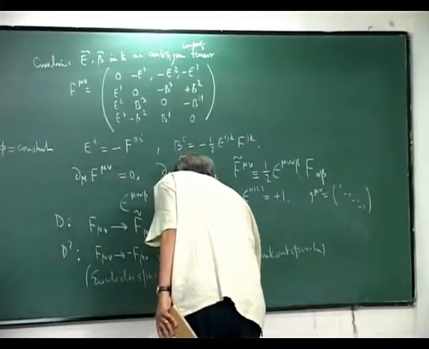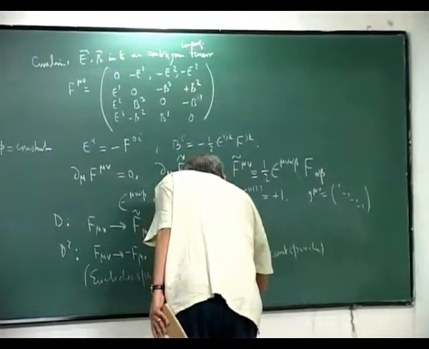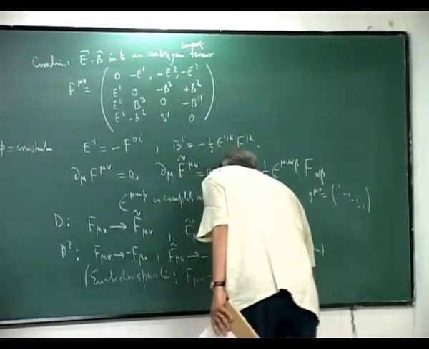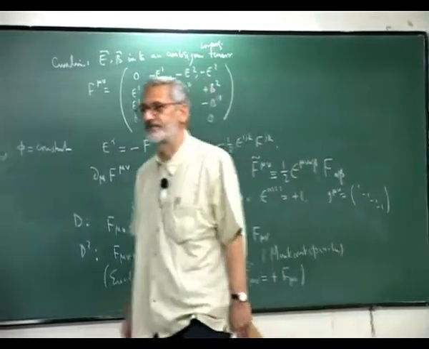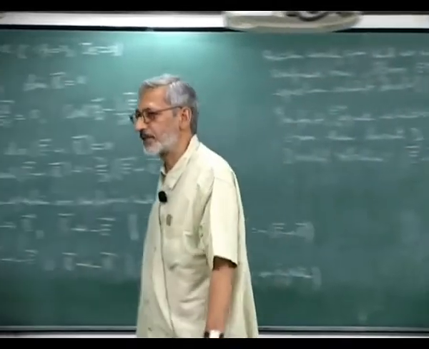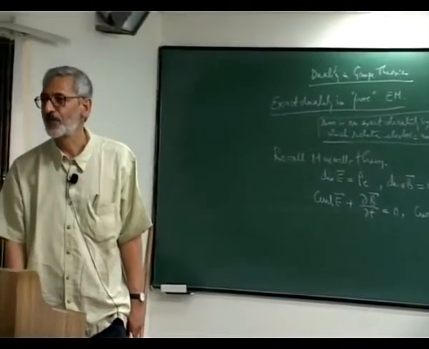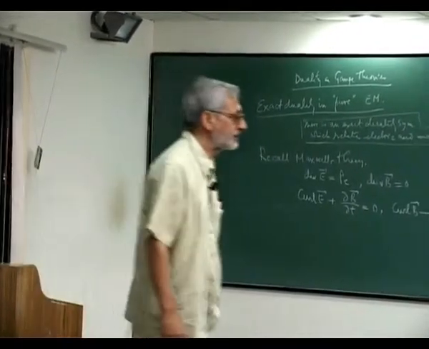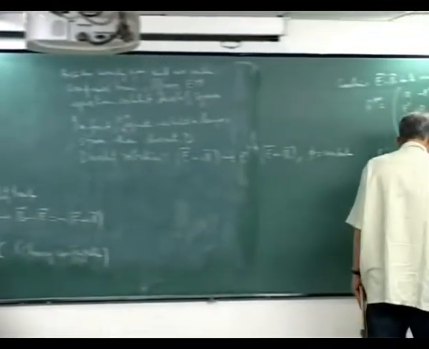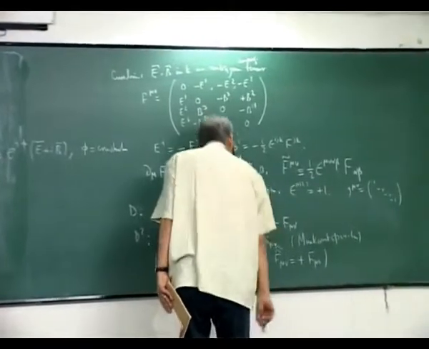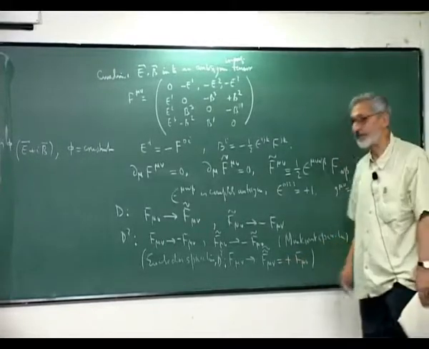In Euclidean space-time, F goes to its dual, and the second dual is plus F mu nu. That's an exercise. Check that in Euclidean space-time d square, this discrete duality done twice, leaves F unchanged.